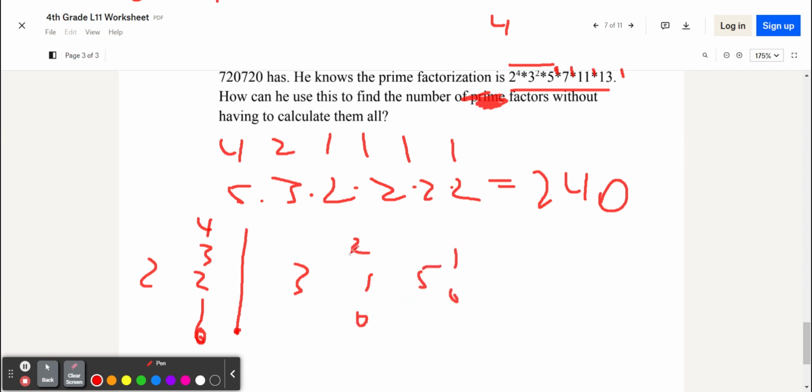And so you can see the number of options they have is the exponent plus 1. And then each combination, like 4, 0, 1, is a unique factor. And then the number of combinations is the number of options times the number of options times the number of options. And so that's why this works.